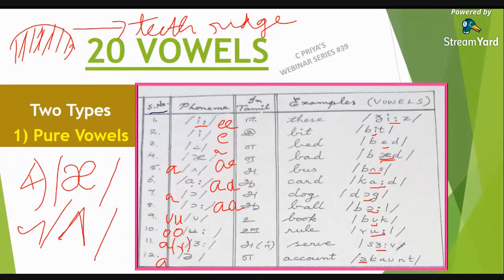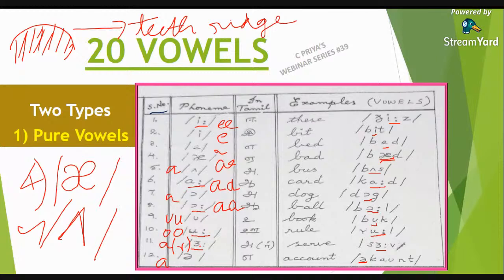Then the sixth is the R sound, A with the colon. Whenever we have a colon, it produces a double sound, a lengthy sound. E, R, R, U, R, right?